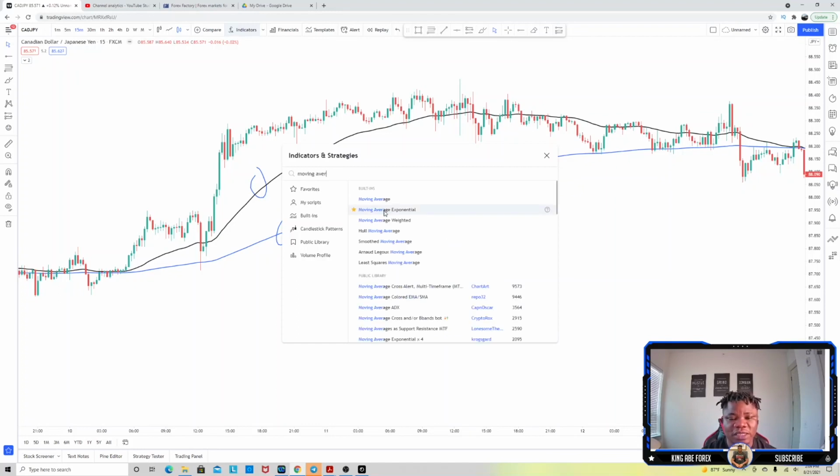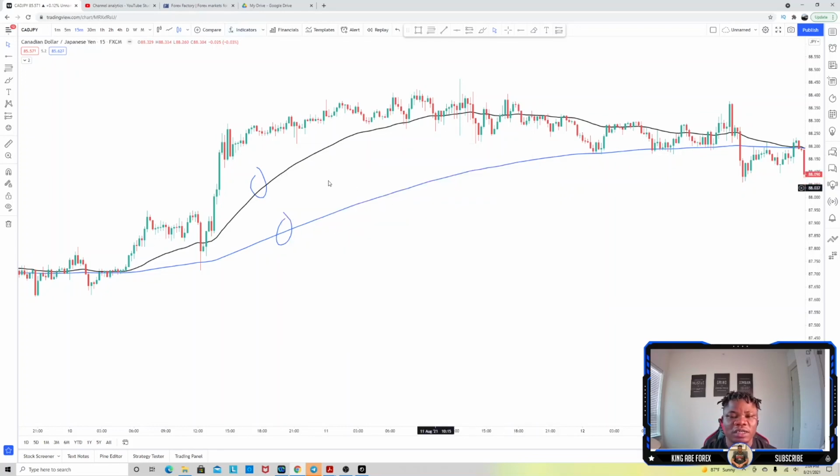Once you find it, click on it, and make sure you add it as one of your favorites as well. Then once you add it onto your chart, go here to settings. The first one, just change it to 200, and for the color, just use whatever color you want. For the second one, change that to 50, and for the style, you can use whatever color you want as well.